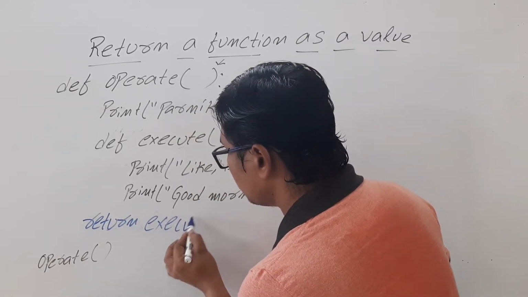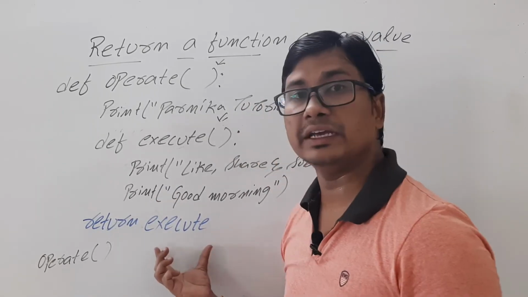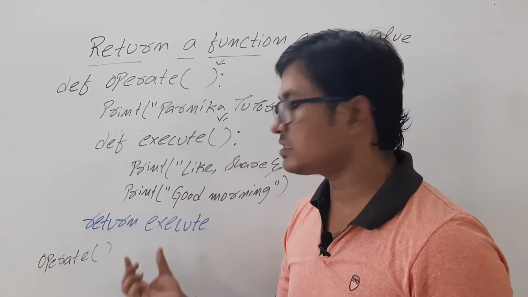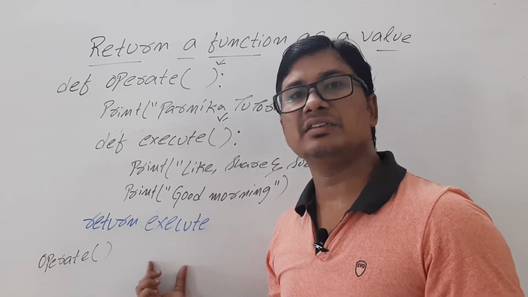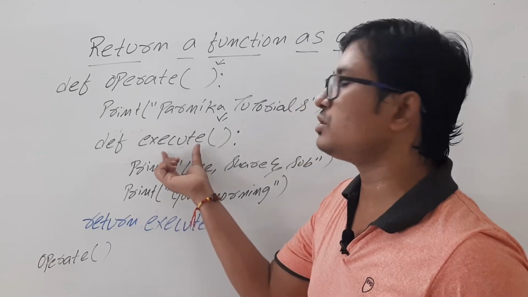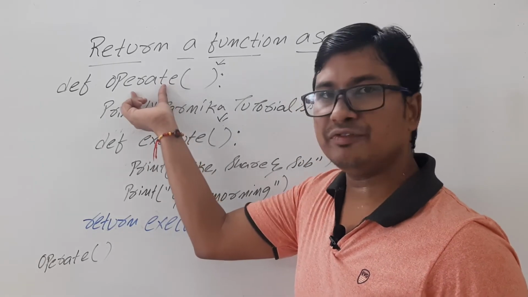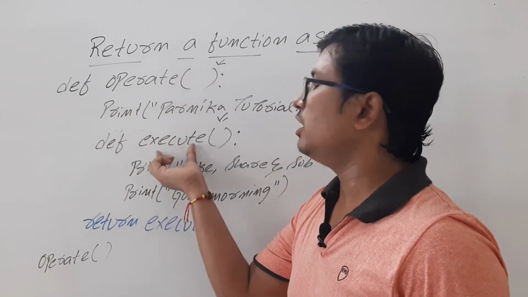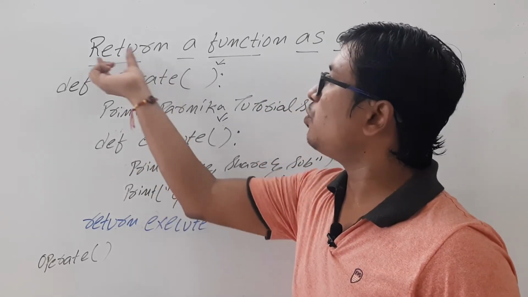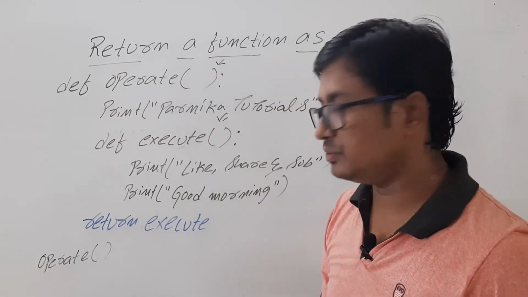This is very important. Is it clear? See, execute is not a variable here. In the previous case, whenever we write return result, the result is a variable, but here execute is not a variable. Execute is a function. Are you able to understand? So the operate function is returning the execute function. This is what it means for a function to return another function as a value.